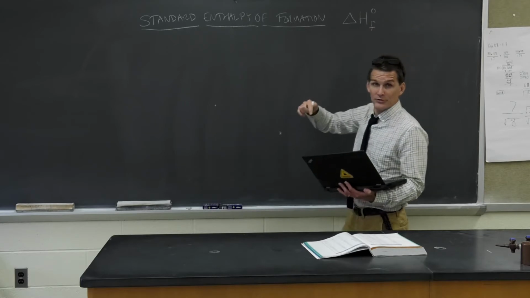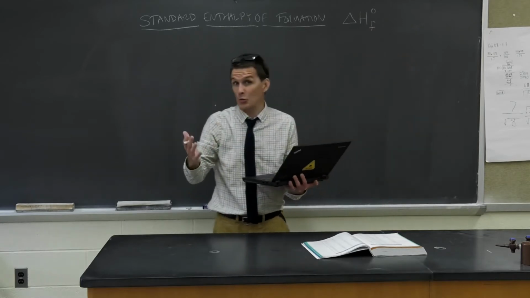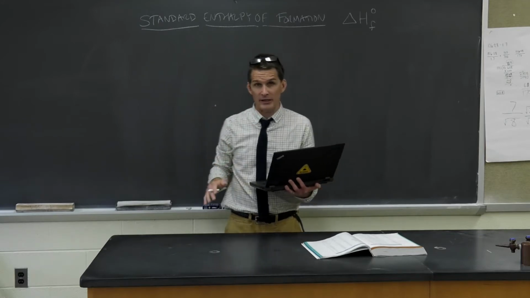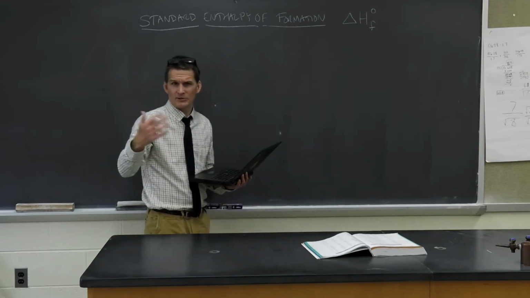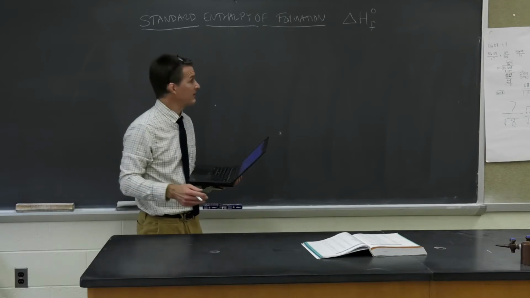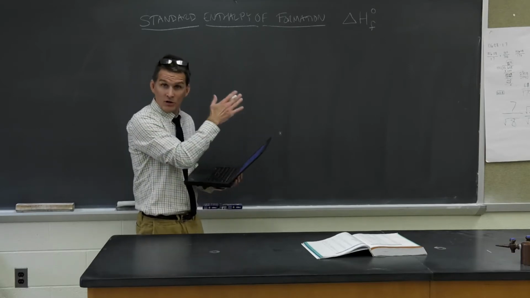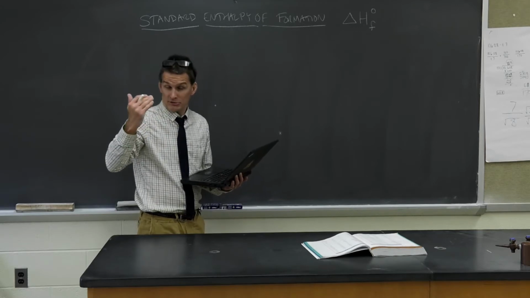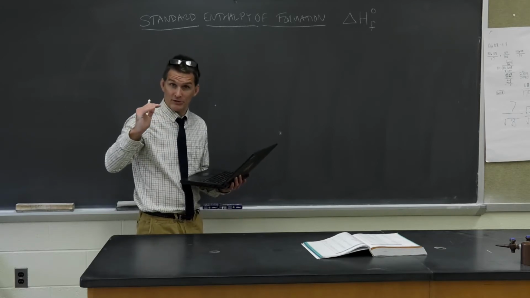Something that's been measured under what we consider the standard way of doing our measurements. We have to standardize the way that we write enthalpy reactions because they change based on temperature and pressure and other things like that. So we want to measure all of these at a particular standard temperature and a particular standard pressure.